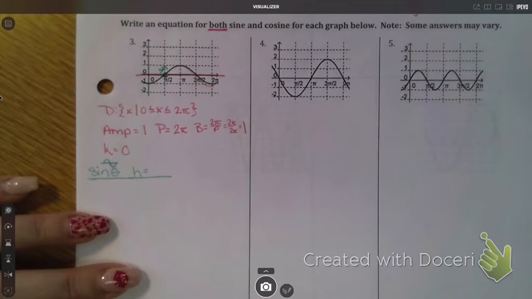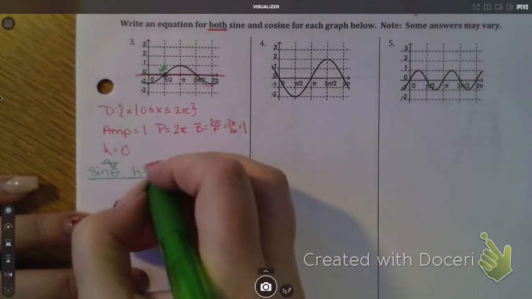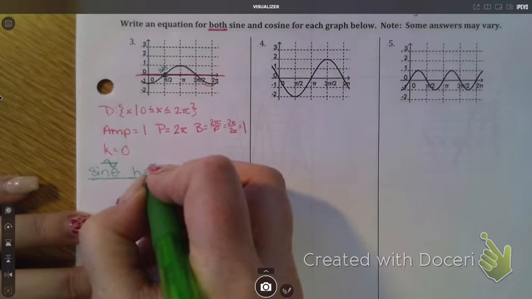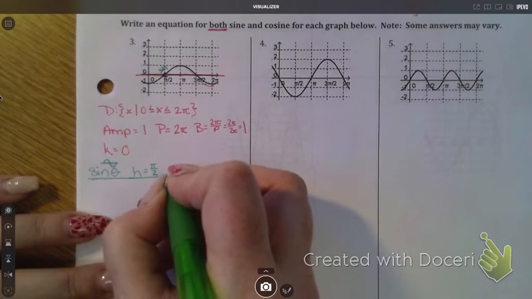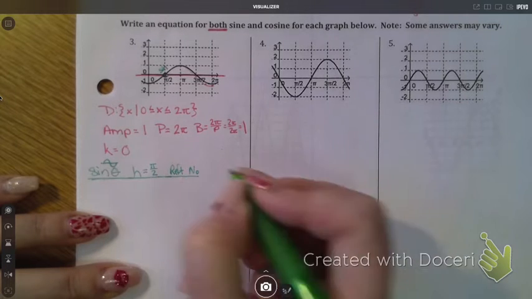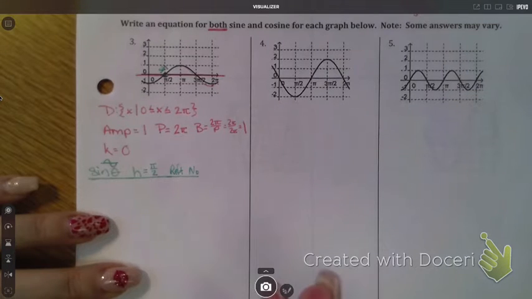So my brain can see that. So what is my H? Pi over 2. Is it reflected? No. You don't have to write that, but you can to make sure you always look at it. Does that make sense?